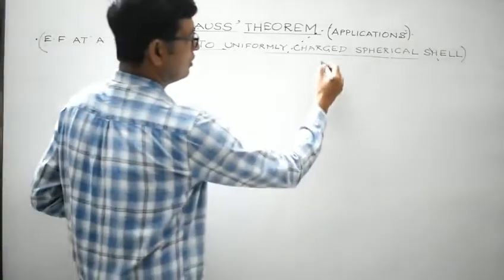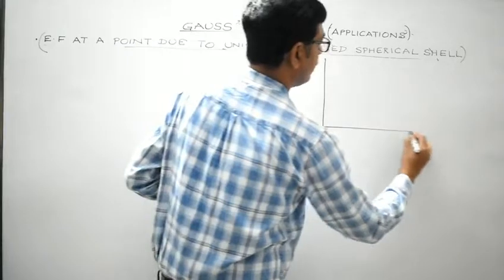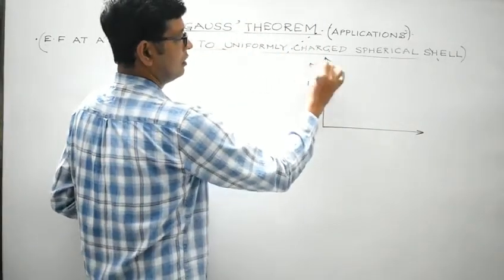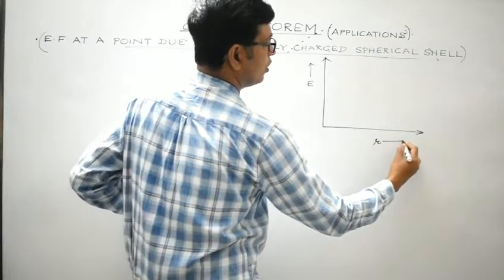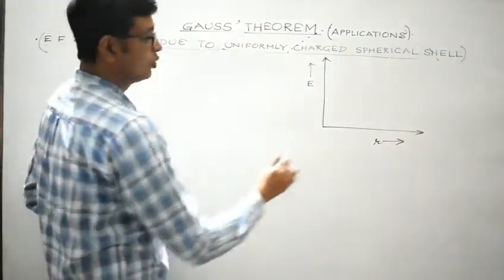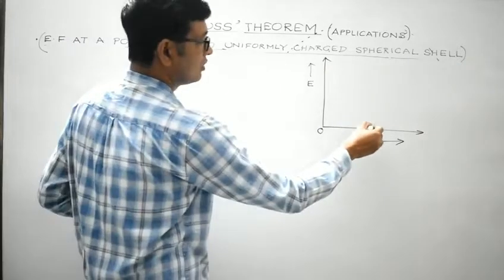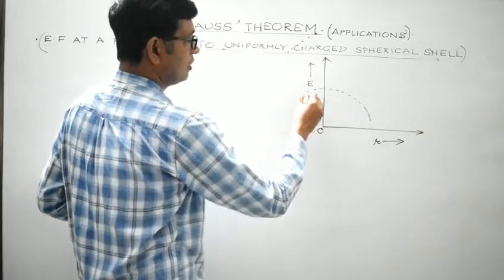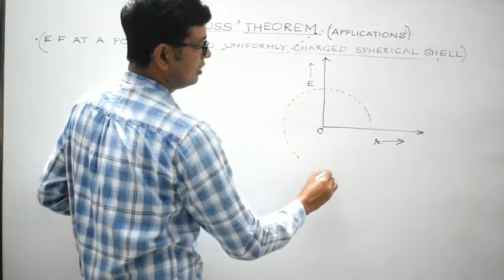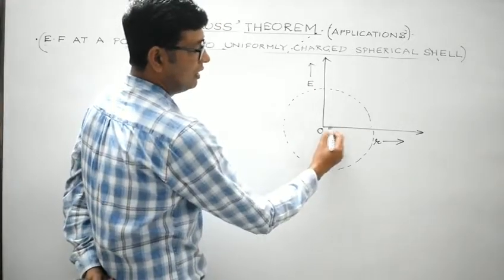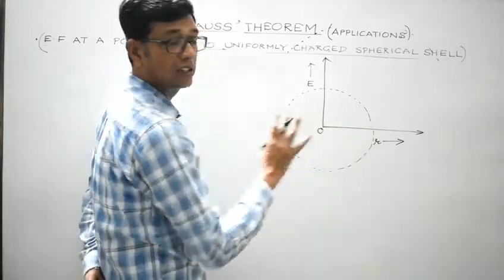So, suppose electric field is represented along the vertical axis and distance is represented along the horizontal axis. Suppose the origin represents the center of the spherical shell, like this was the uniformly charged spherical shell. We know that inside the uniformly charged spherical shell, the electric field is 0.